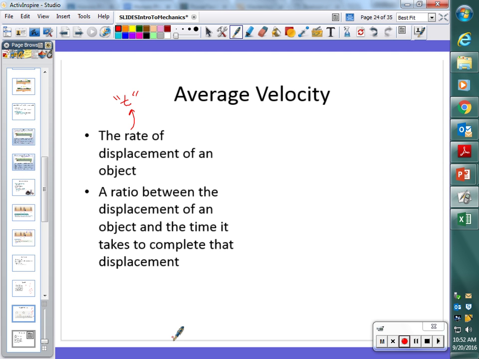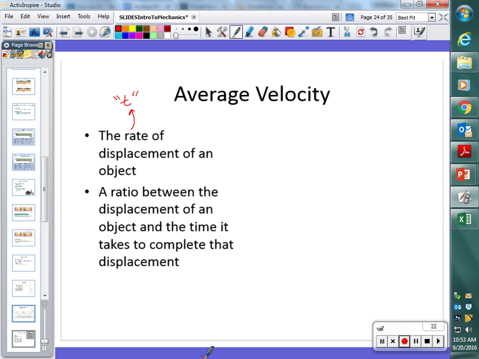So velocity is a ratio between displacement and time, whereas speed is a ratio of distance to time. And we learned in the last section, those are two different things. So, velocity, a ratio between displacement of an object and the time it takes to complete that displacement.